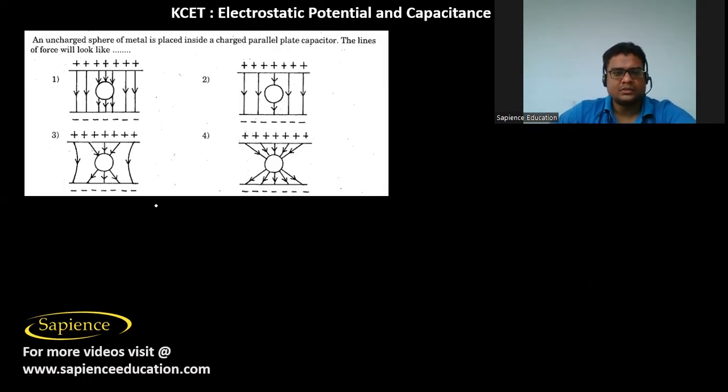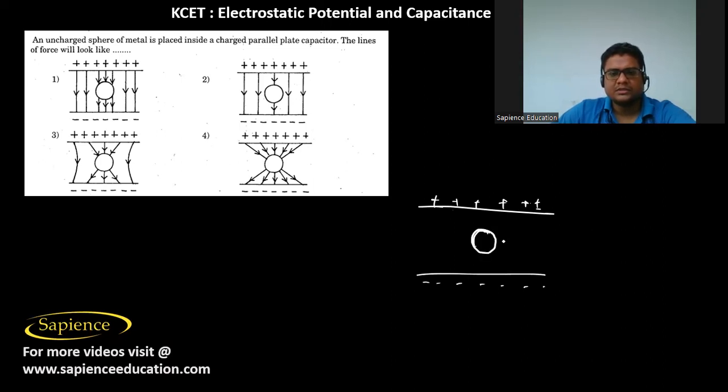Then it is told an uncharged sphere of metal is placed inside a charged parallel plate capacitor. There is a charged parallel plate capacitor and an uncharged metal sphere, which means it is a conducting sphere.